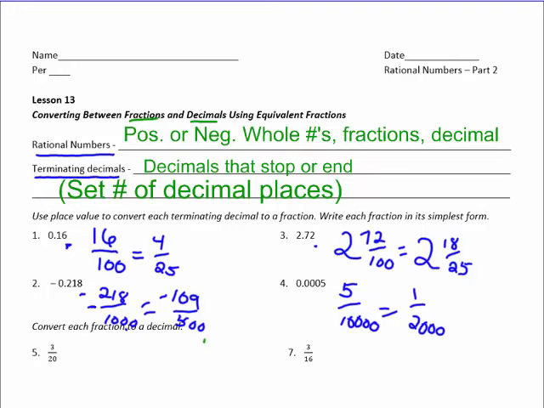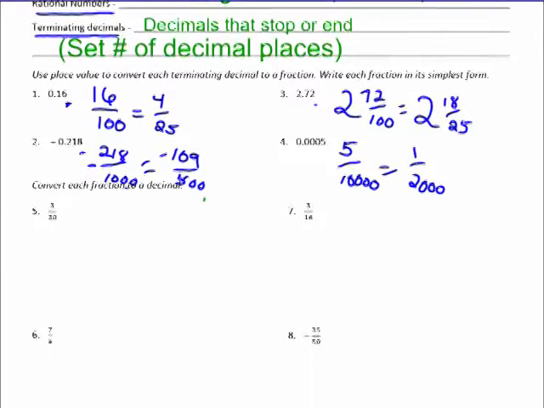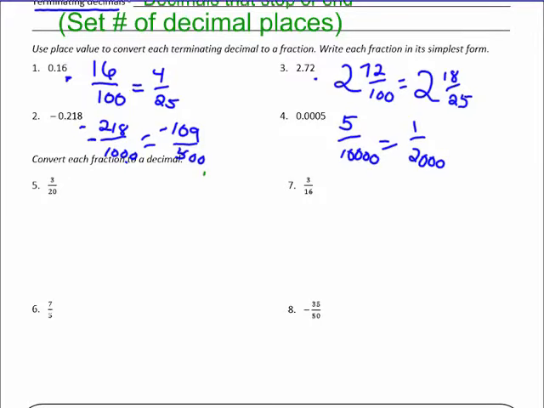Okay, now we are going to convert each fraction to a decimal. We're going to be using equivalent fractions. We're going to look at how you can do it using division in the next video. So over here we have 3/20ths.